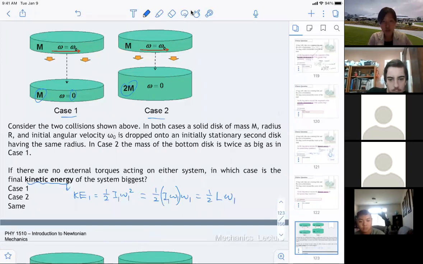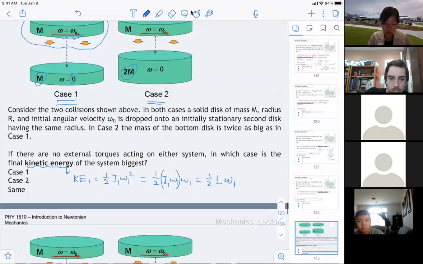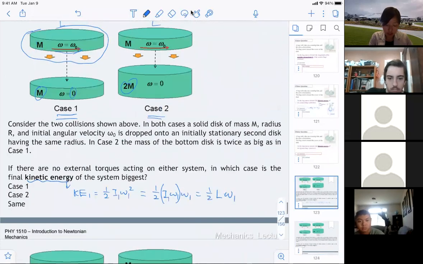Knowing that the initial angular momentum between these two cases are the same because it's involving the same disk rotating with the same velocity. So they have the same L to begin with, right? It's just whatever L this disk has. The other disk was not moving, so that doesn't matter. So they all have the same L. So I'm not going to differentiate which it is. So case 1 has 1/2 L omega 1. Case 2 has 1/2 same L omega 2.